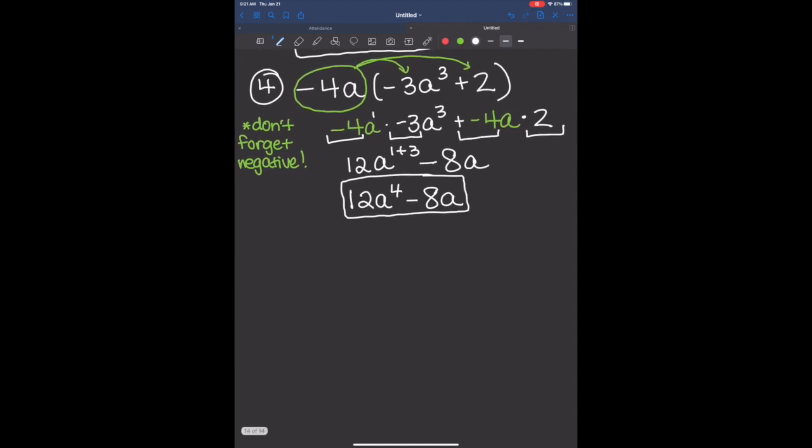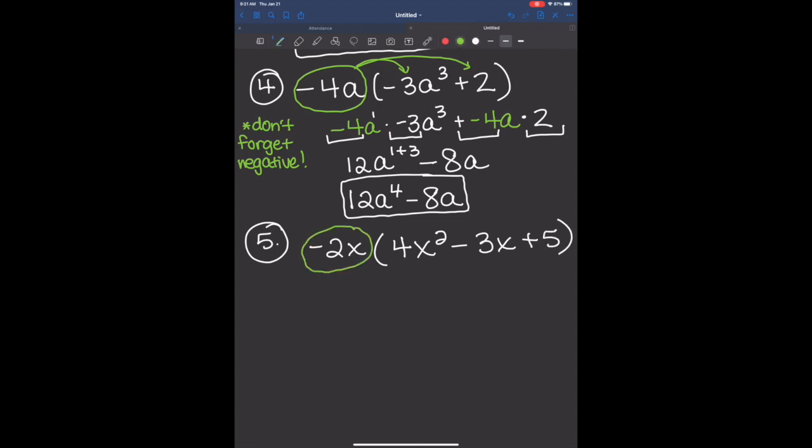For the next one, we've got negative 2x times 4x squared minus 3x plus 5. So that negative 2x, don't forget the negative, is going to multiply to each thing inside the parentheses. So we've got negative 2x times 4x squared minus negative 2x times 3x plus negative 2x times 5.